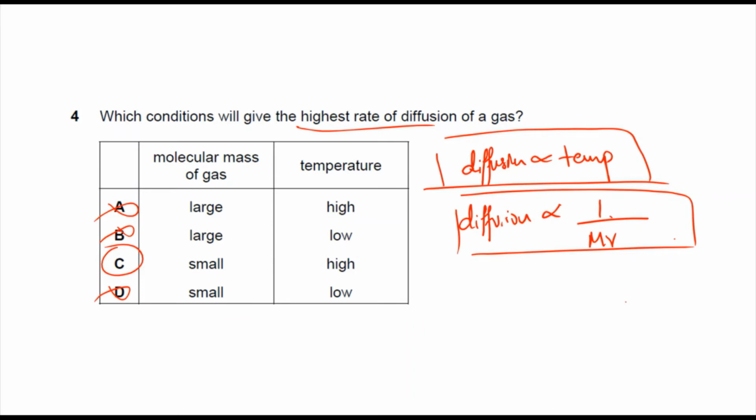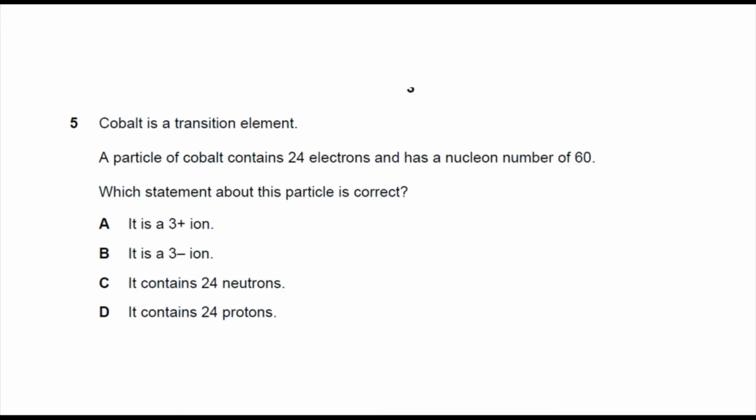Okay, let's move on. Question number 5. Cobalt is a transition element. A particle of cobalt contains 24 electrons and a nucleon number of 60. Which statement about this particle is correct?